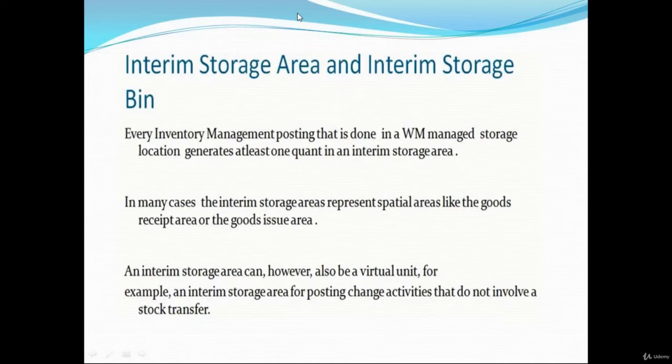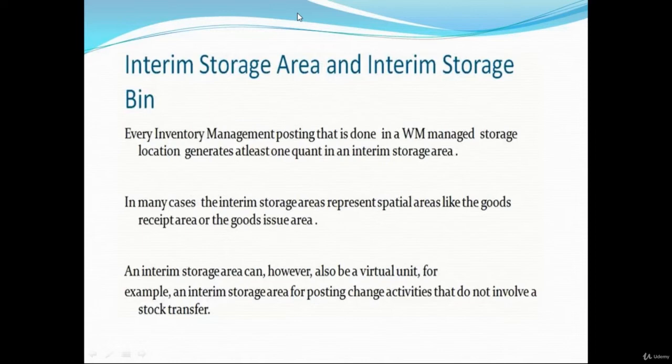So these are the four major interim storage areas and types that are basically used in the IM and WM. First is the goods receipt area for the goods receipt purpose. 902 is the storage type, and the bin creator will be the same as that of the purchase order. The goods issue area is 916, and the interim area will be same as that of the outbound delivery.